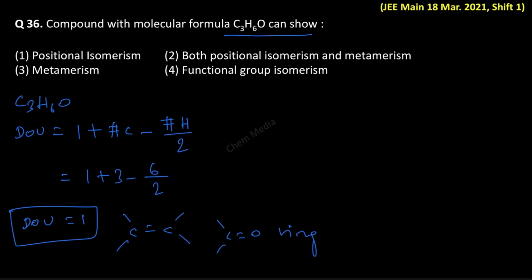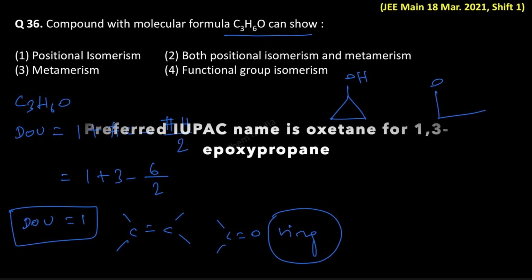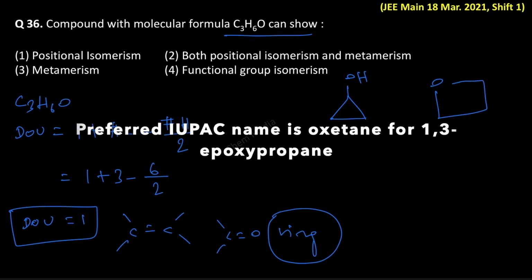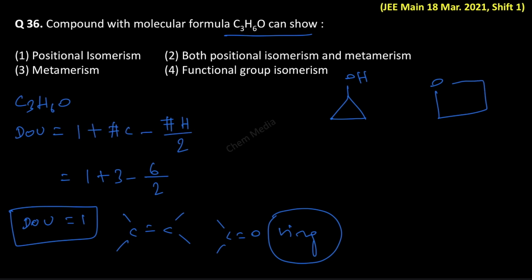However, we are not going to consider ring chain isomerism here. Why? Because it is not given in the choices. Ring chain isomerism is indeed possible for this elemental composition, but it is not given in the choices. For example, you can write isomers such as cyclopropanol or 1,3 epoxy propane. They won't become functional group isomerism. They would become ring chain isomerism. Why?